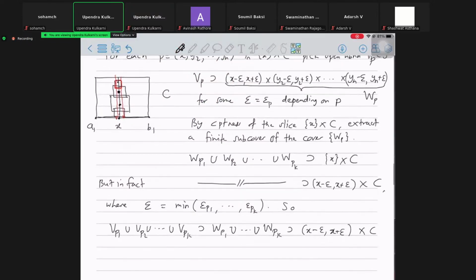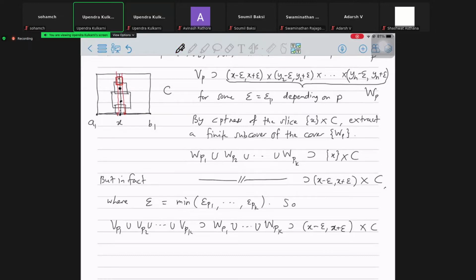So what now? You see, around every point I have taken a tube that is covered by finitely many of the given V's. So now what do I do? See, I have used compactness in the C part, but I will use compactness in the first slot. Now it is X minus epsilon, X plus epsilon as X varies.